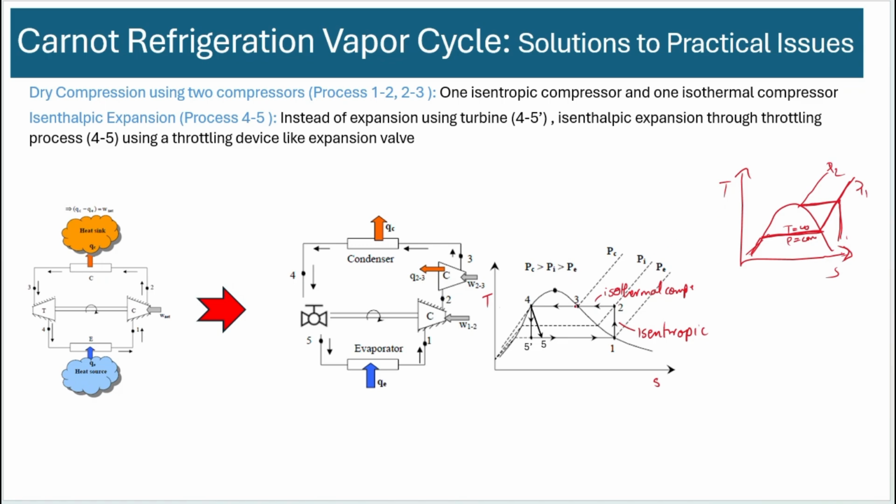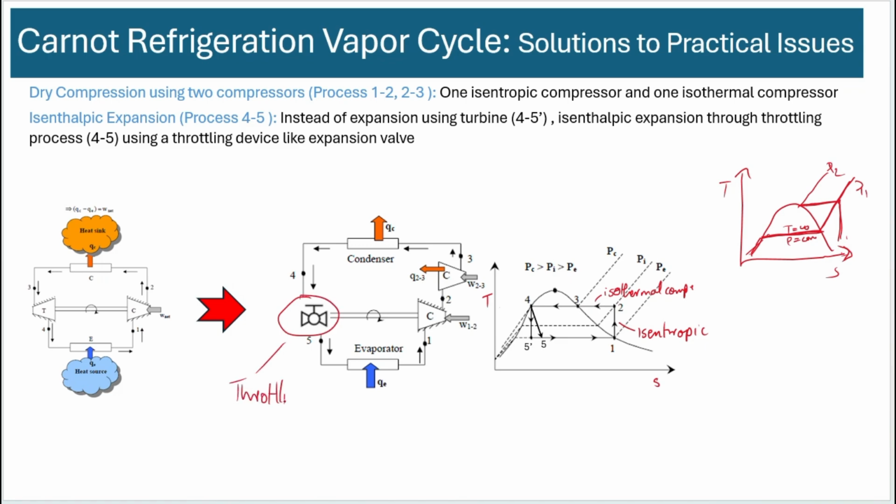So once you do that, and then you do the high temperature heat loss in the condenser, which is QC, okay? So 3 to 4 is QC. And then 4 to 5, instead of the turbine and the issues that we talked about before, we do an isenthalpic expansion with a throttling device.